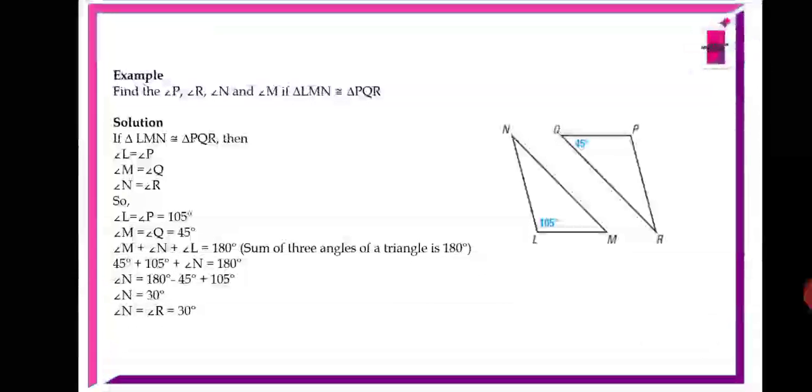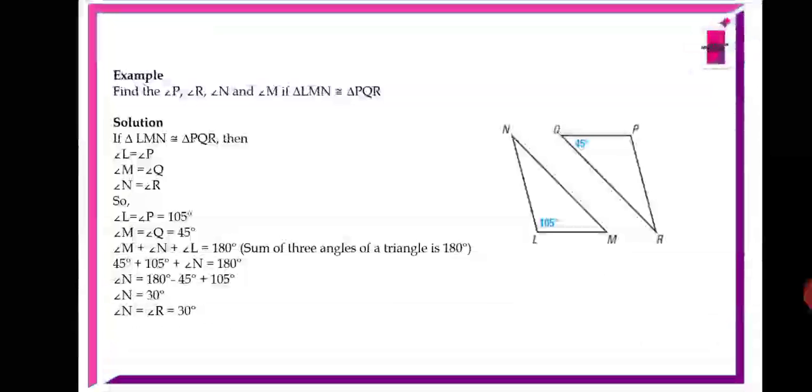You can see one example for finding unknown angles. Find angle P, angle R, angle N and M if triangle LMN is congruent to triangle PQR. You can see here angle L and angle Q are given.